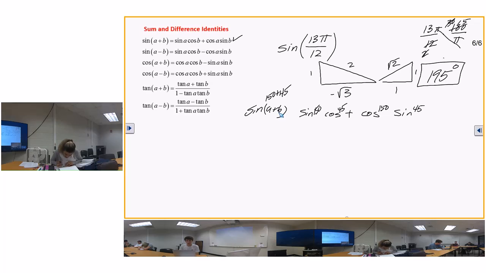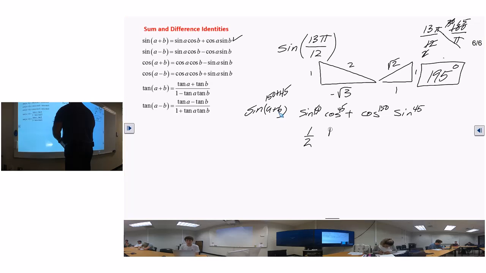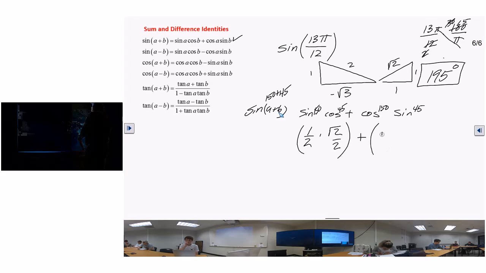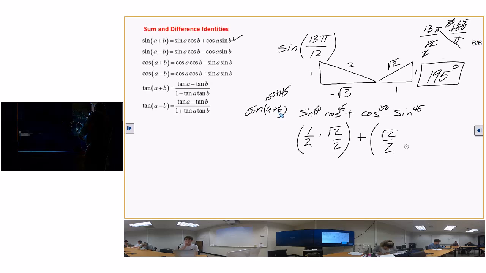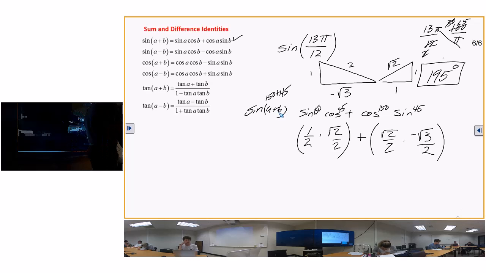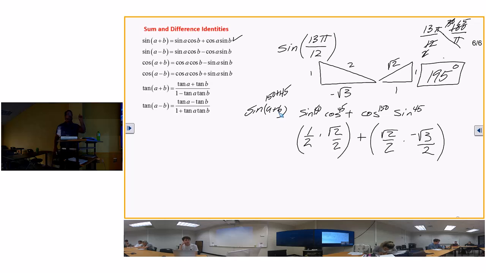One half square root of 2 over 2 plus square root of 2 over 2, and what? Negative square root of 3 over 2. And work that one out. Now, the first one we did and this one are very good test questions.